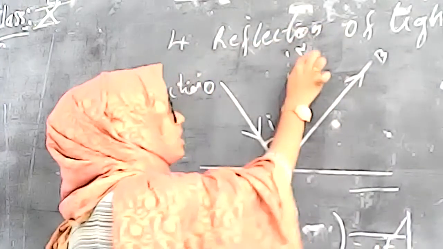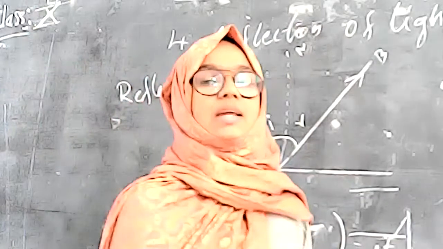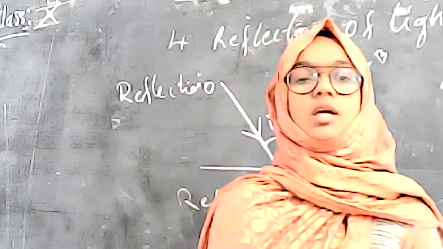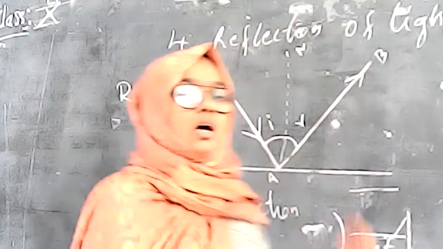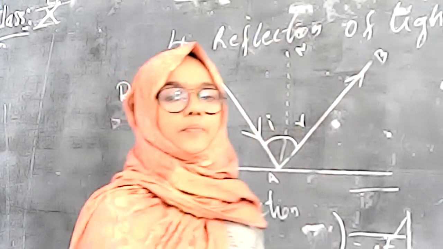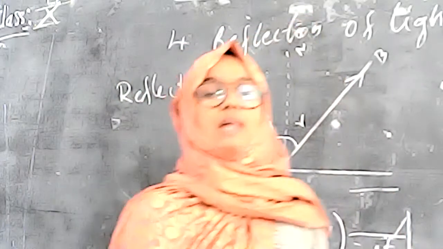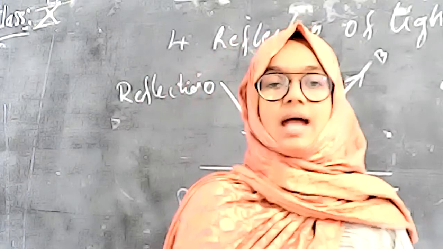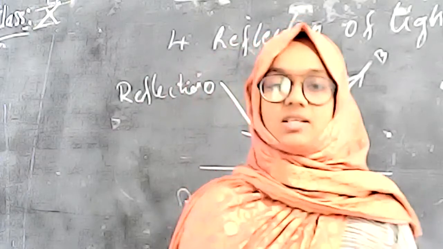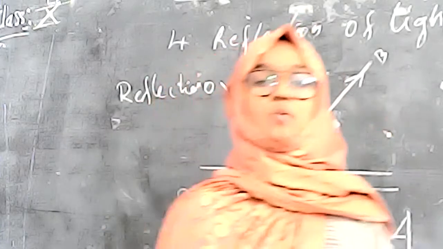So N is the normal to this smooth surface. Based on the normal, the reflected angle is R and the incident angle is I. So here we have the incident ray, the reflected ray, the incident angle, the reflected angle, the normal to the surface, and a smooth surface.